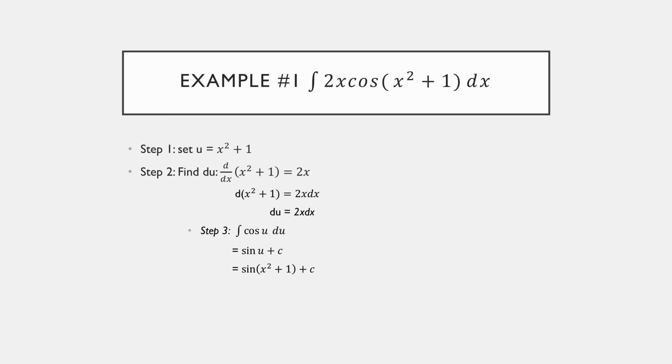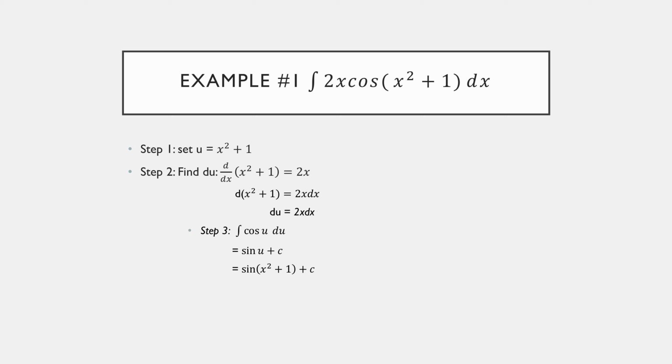And then we can move the dx up to the other side, and we get d of x squared plus 1 equals 2x dx. And then we can change x squared plus 1 to u, because that's what we set u equal to in our first step. And then we get du equals 2x dx.